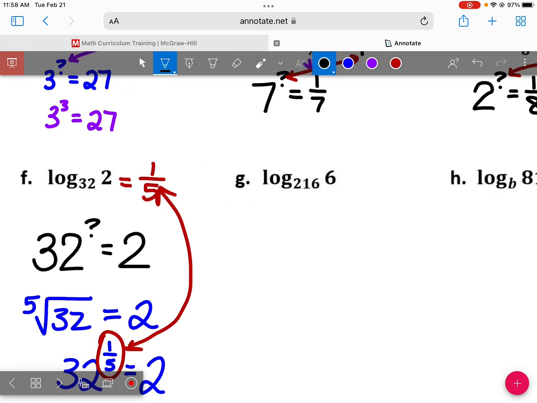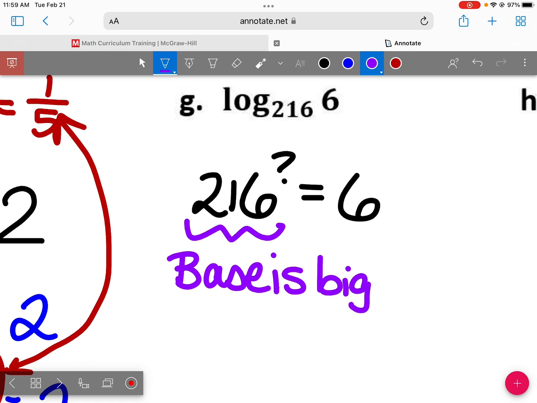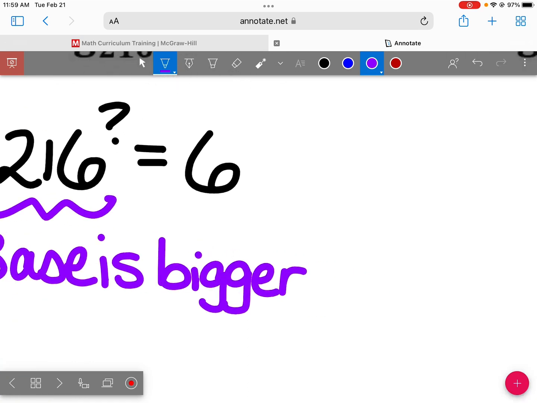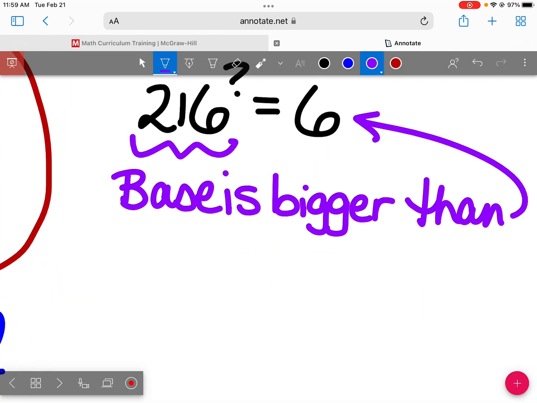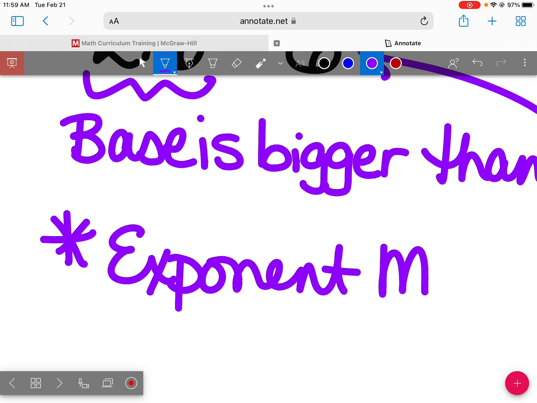So on part G, 2/16 to some power equals 6. The base is bigger than this argument, so I know that the exponent must be a fraction.